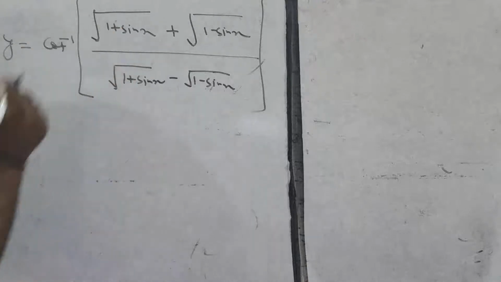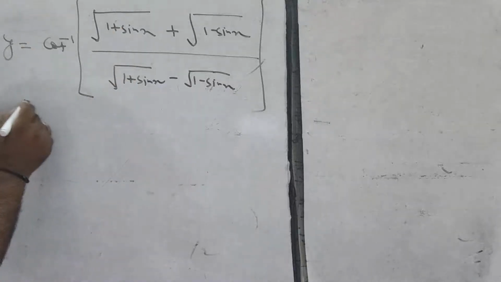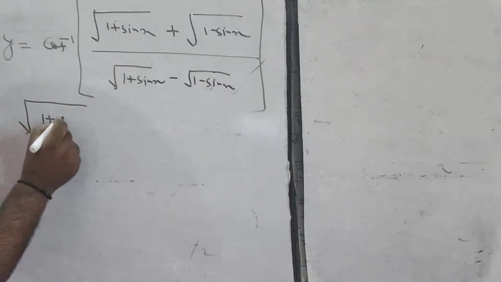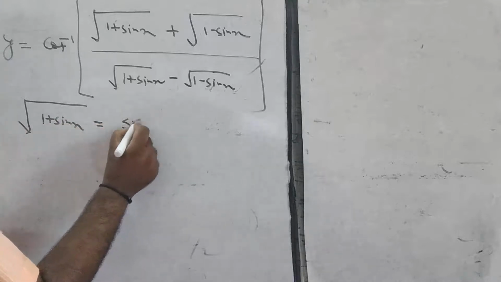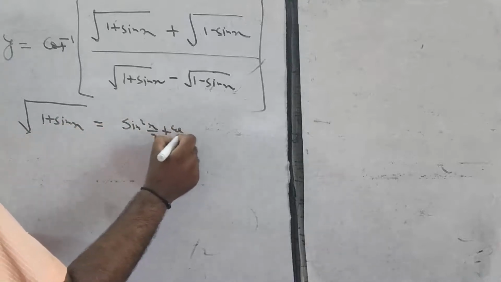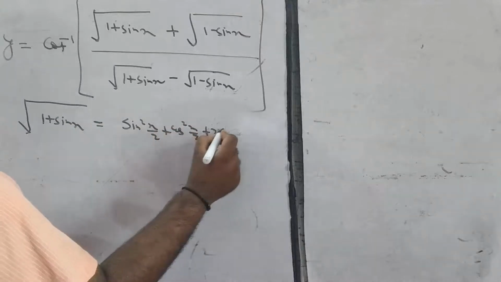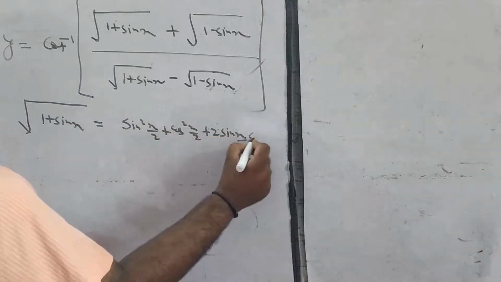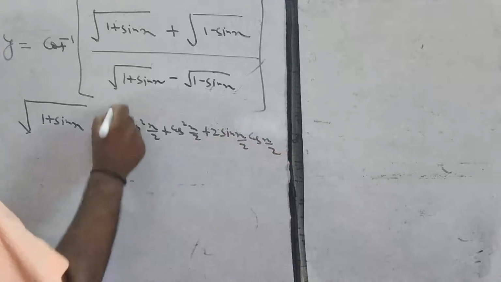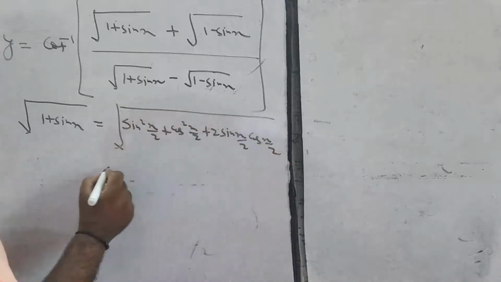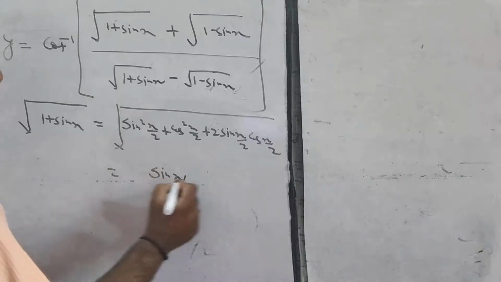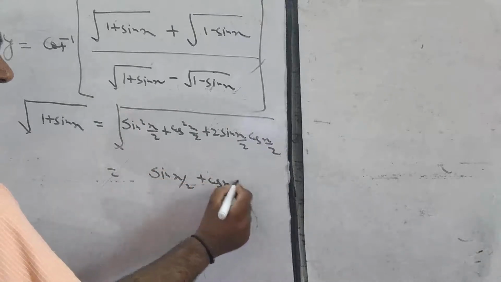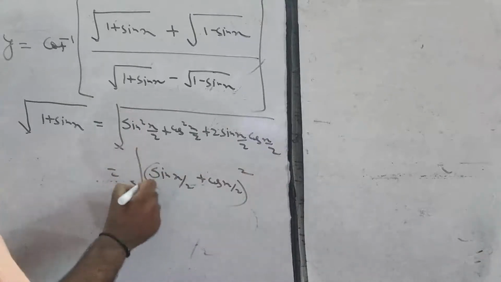So first of all, you must know that 1 plus sin x can be written as sin square x by 2 plus cos square x by 2 plus 2 sin x by 2 into cos x by 2, or sin x by 2 plus cos x by 2 whole square.